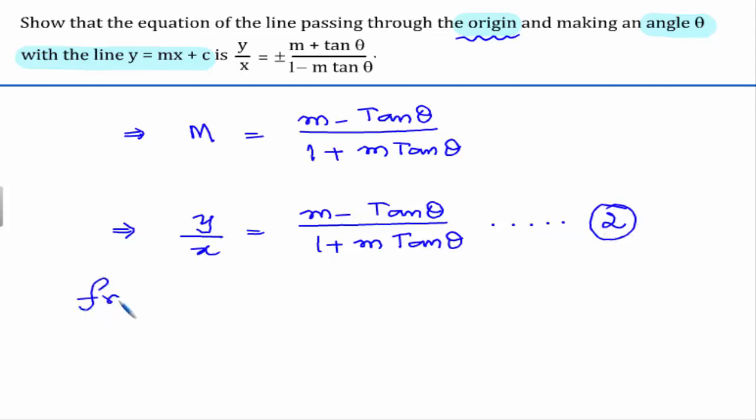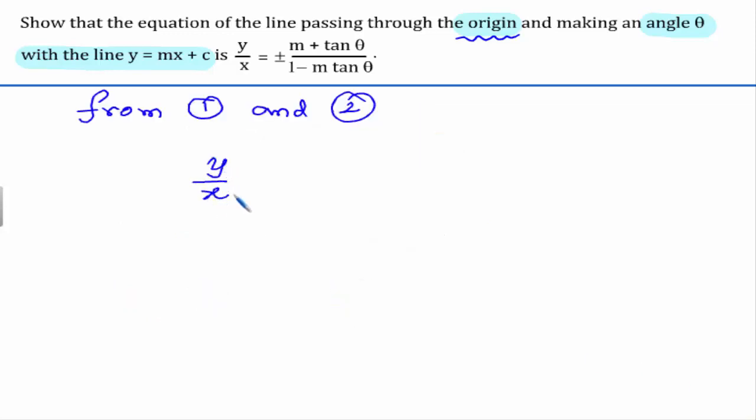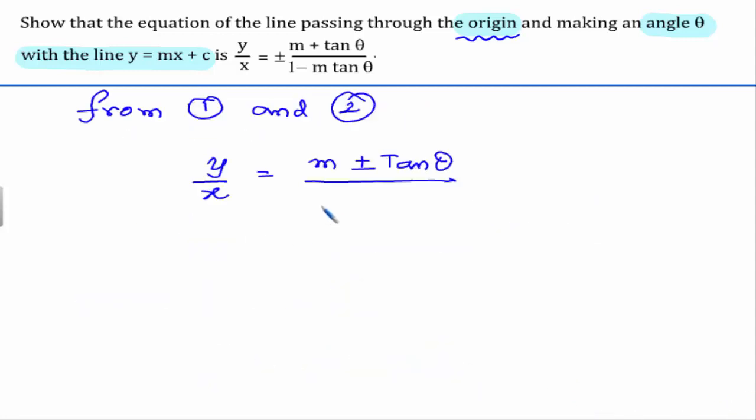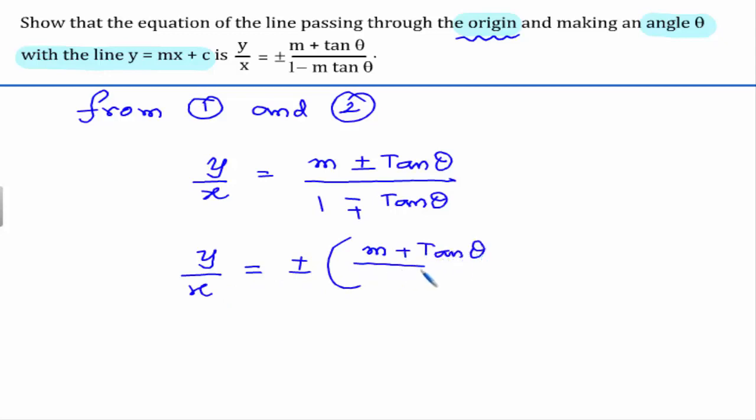So from the two equations 1 and 2, this y by x can be written as m plus or minus tan theta by 1 minus plus m tan theta, here m is small m. So y by x is equal to plus or minus m plus tan theta by 1 minus m tan theta.